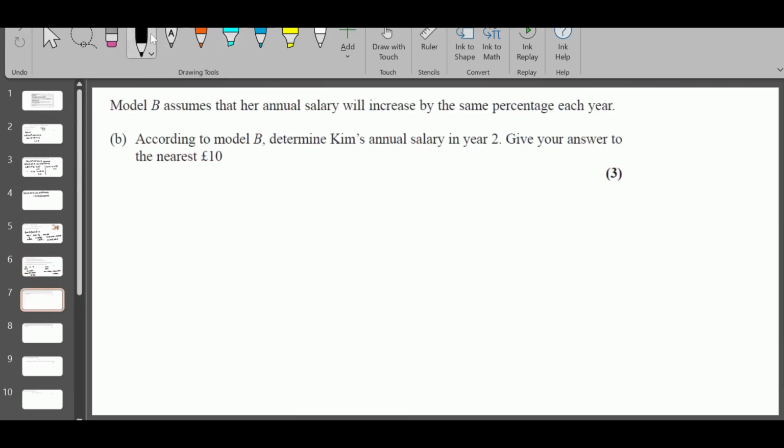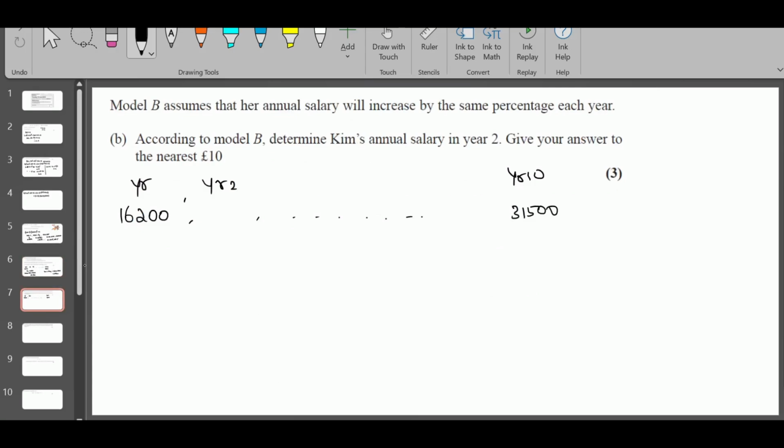Part B now. Model B assumes that her salary will increase by the same percentage every year. In year 1 it was 16,200. In year 2 we are not sure. Year 3 we are not sure, but in year 10 it's 31,500.